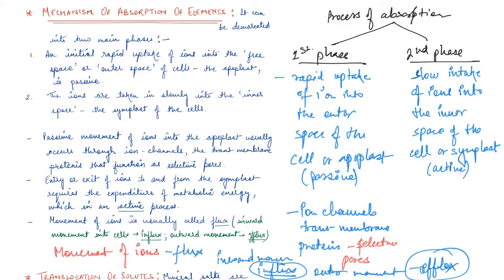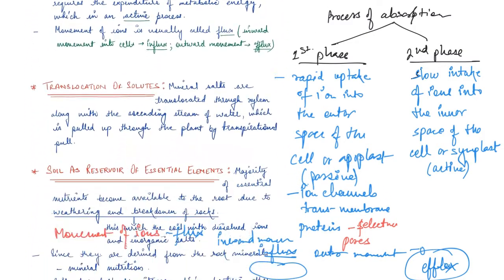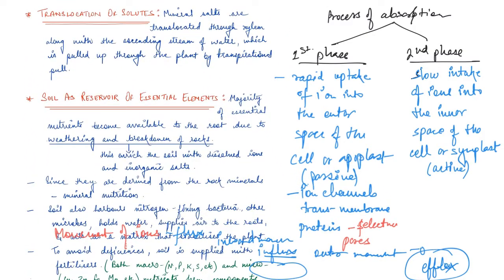Now, guys, how exactly this happens we are already going to cover in translocation of solutes as well. So let's see what translocation of solutes is exactly. What does it mean?